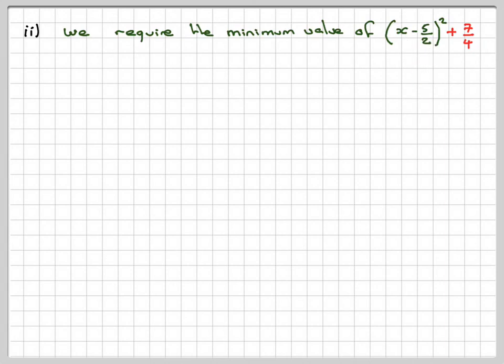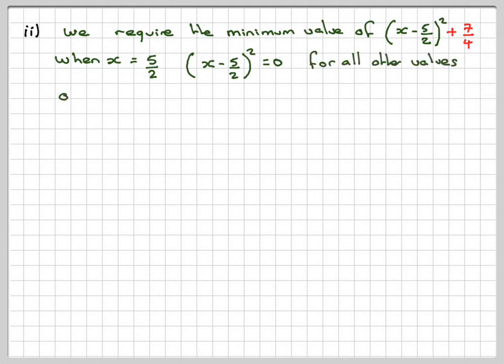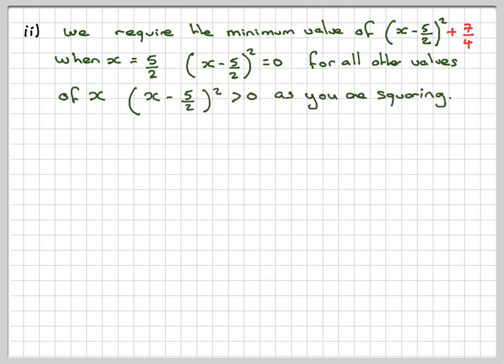So when x is 5 over 2, this bit here will be equal to 0, 0 squared will be 0, and therefore this number here gives you the minimum value. Any other value that you put in here is going to give something bigger than 0, so it's no longer the minimum value. So the minimum value is going to be 7 over 4.